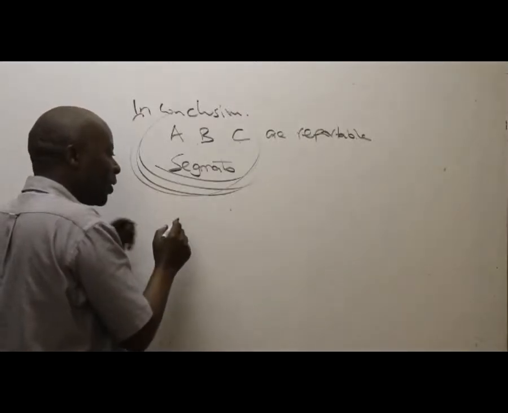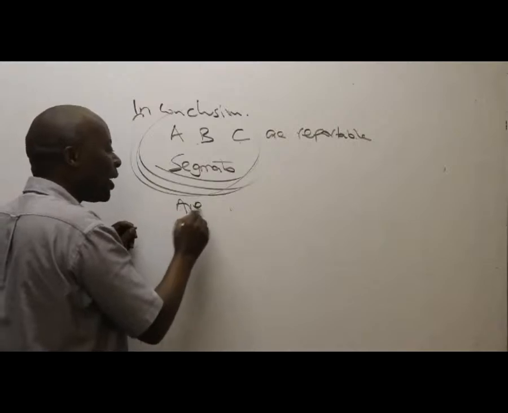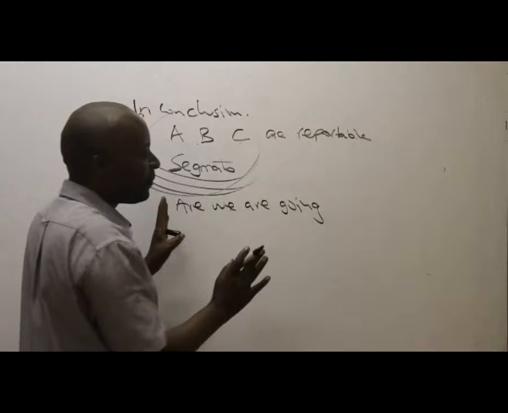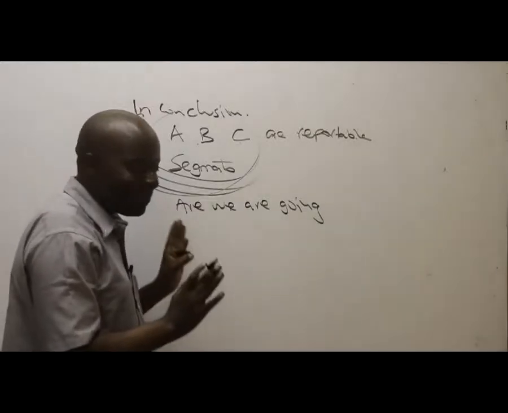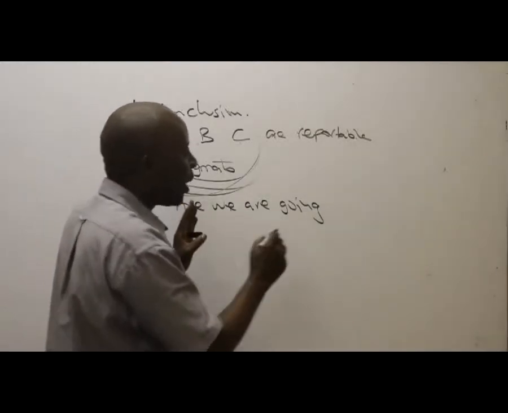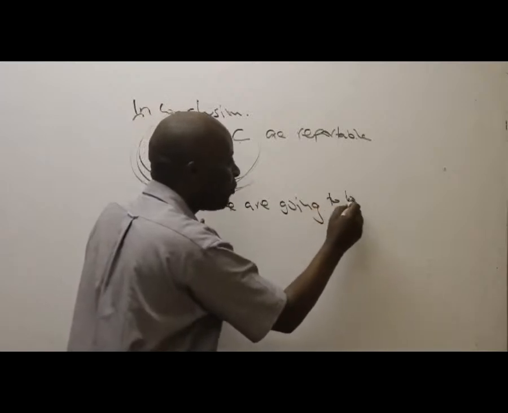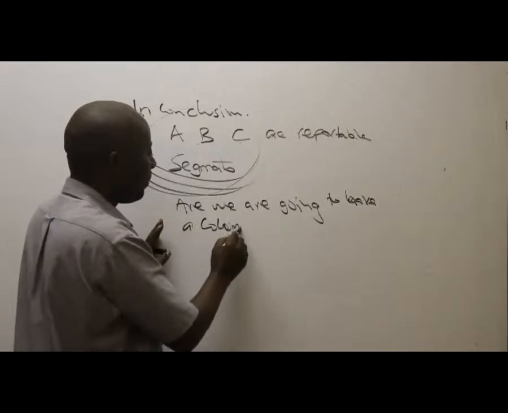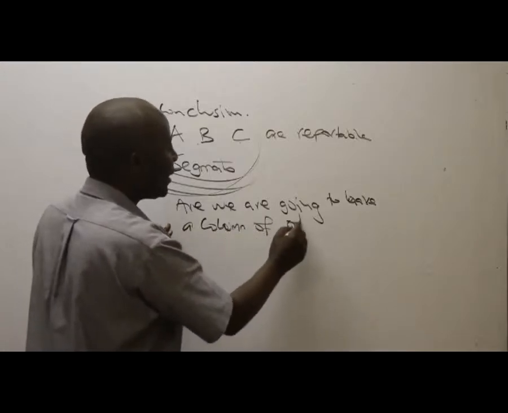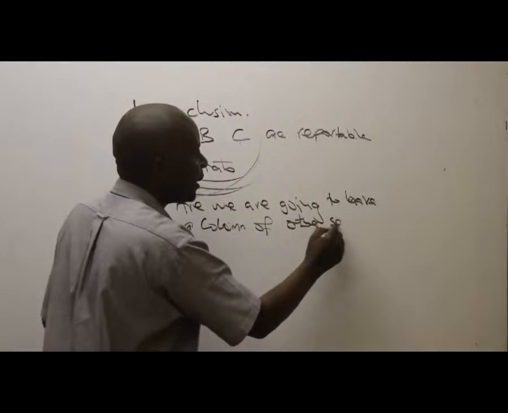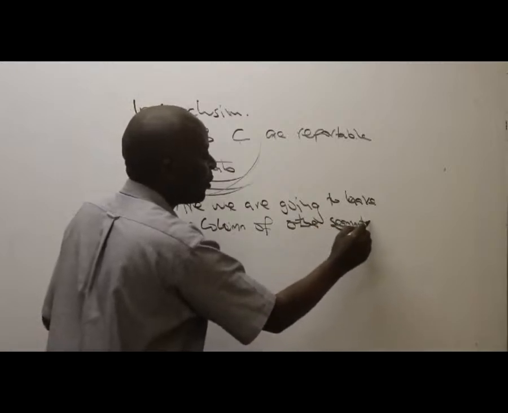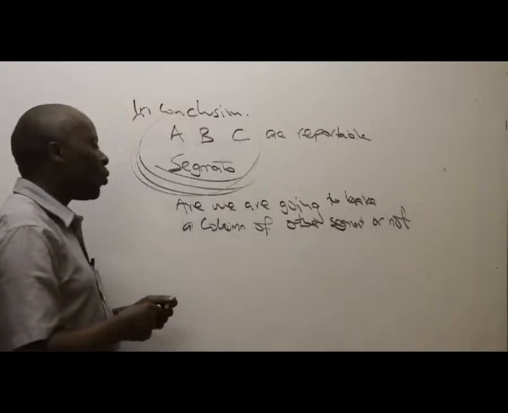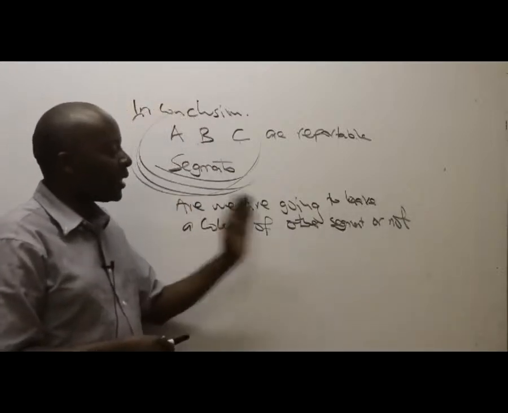But now we must ask ourselves, and this is very practical, I do these things in my office every day: are we going to have a column of other segments, consolidating all the other segments here, or not? Very important.